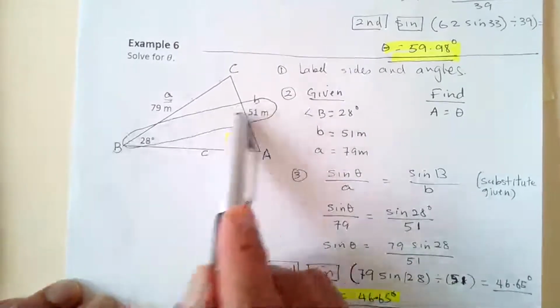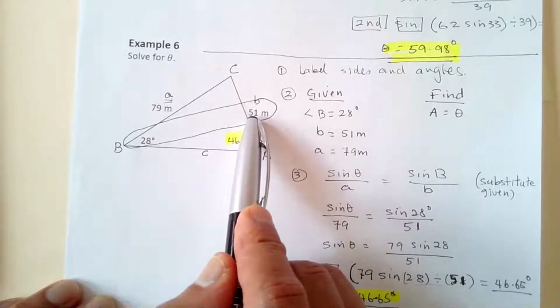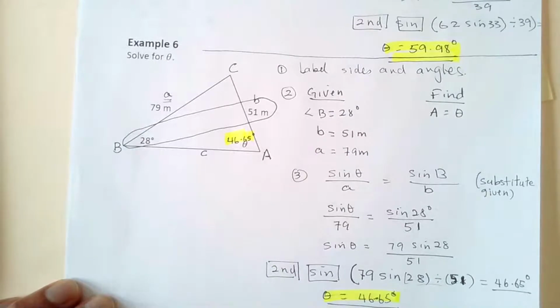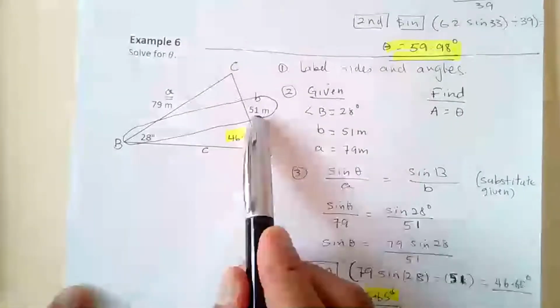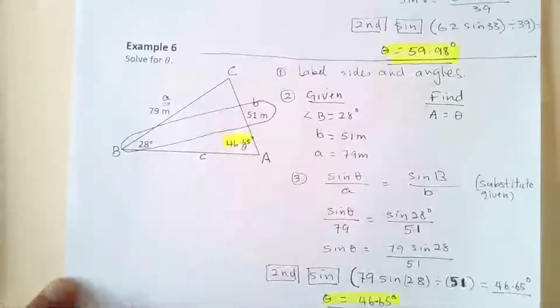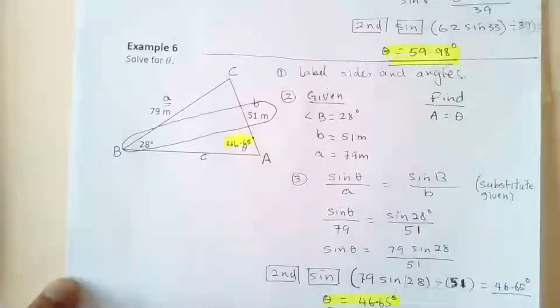If we do not have a matching set, in other words, an angle and its opposite side given to us, we cannot use the sine law. In a subsequent lesson, we'll look at the cosine law, and that's what we will be using whenever we're not given an angle and its opposite side. Or we'll have to do it indirectly. So in this case, we're given that matching pair, and we have to find the missing angle.